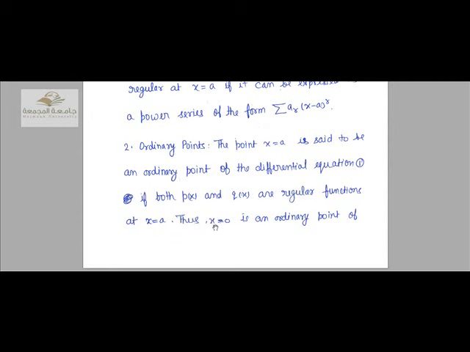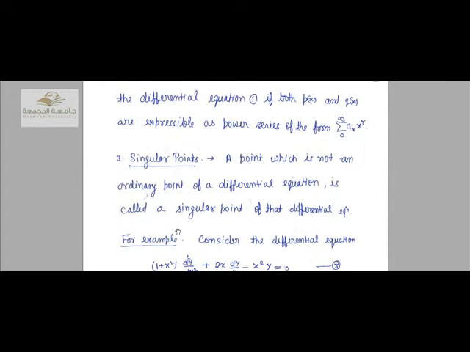Thus, x is equal to a 0 is an ordinary point of the differential equation 1 if both p(x) and q(x) are expressible as power series of the form summation 0 to infinity a_r x to the power r.